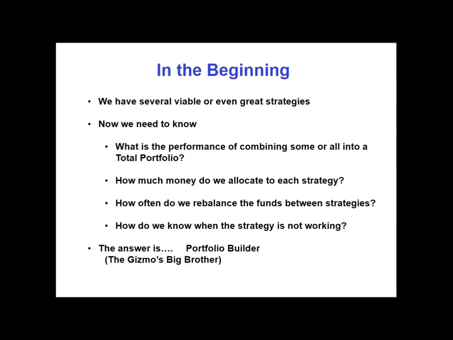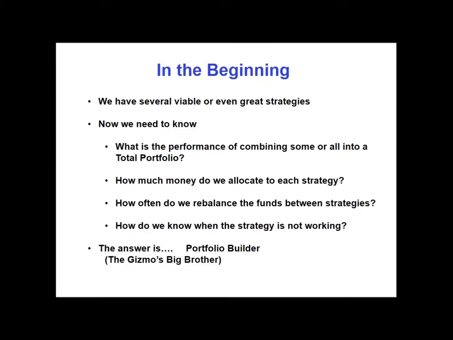Because that's probably as important or more important than the individual strategies. And the next thing you'd like to know is, how often do we rebalance the funds between these strategies? Or do we at all? And then there's the perplexing question, how do we know when the strategy is not working?